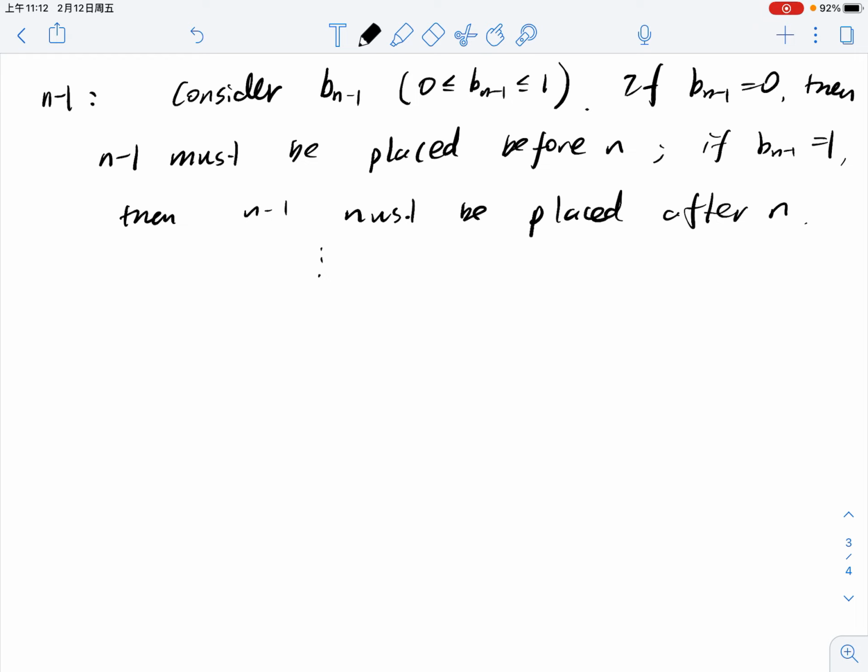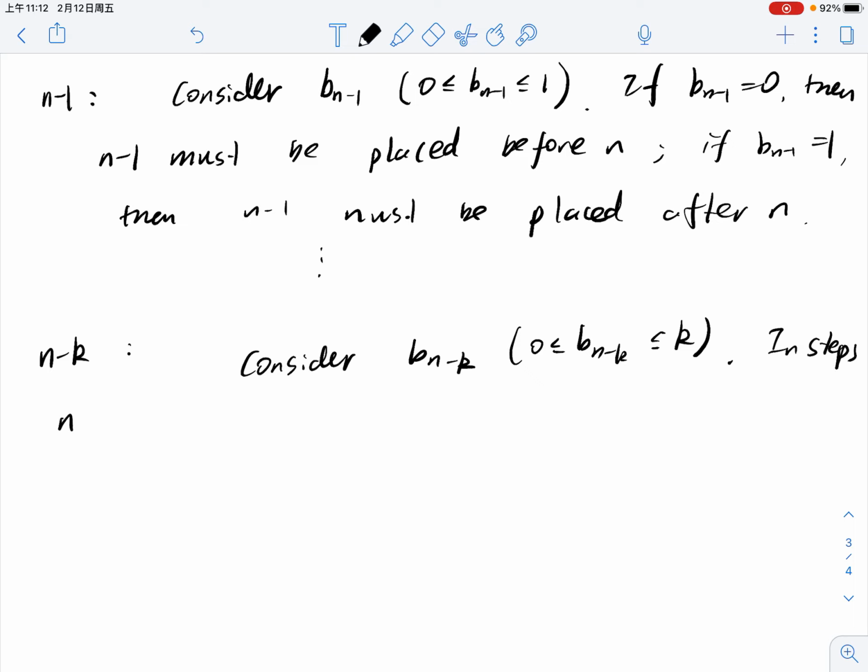And similarly, for the n-k step, consider the item Bn-k, and by assumption, you have k plus 1 choices. And notice that in steps n-1 all the way to n-k plus 1, we already put the k numbers n-1 all the way to n-k plus 1.